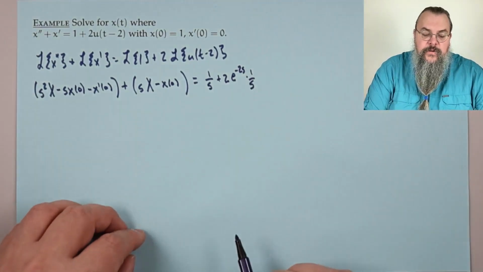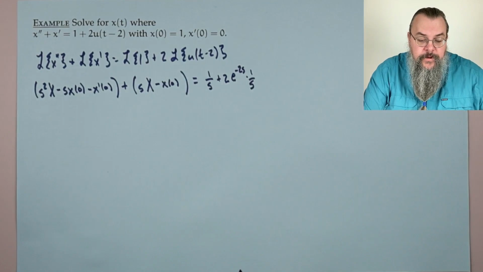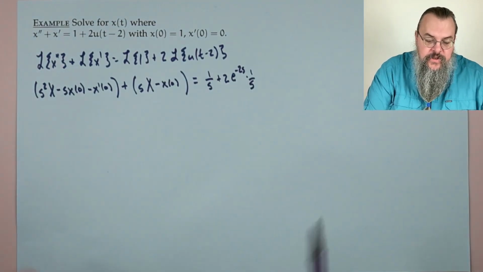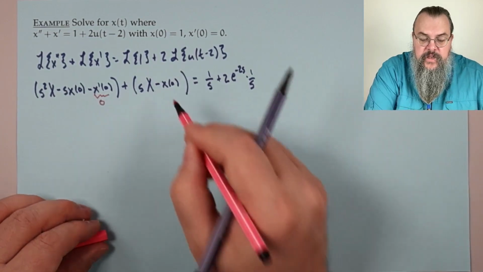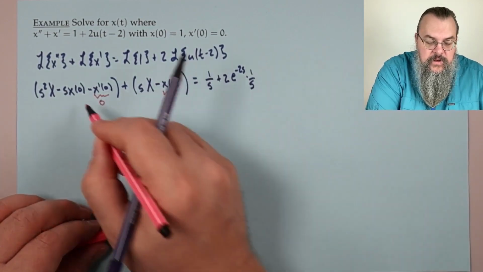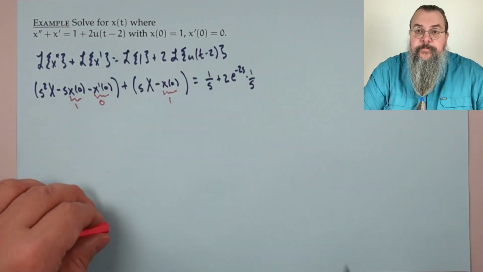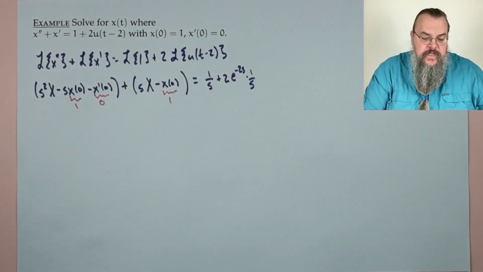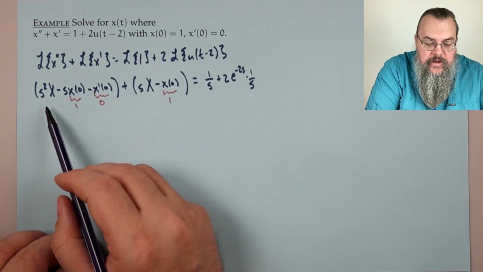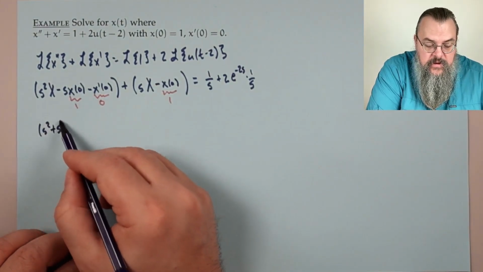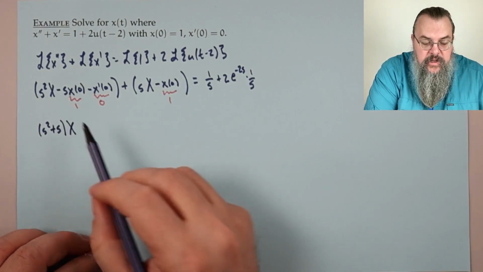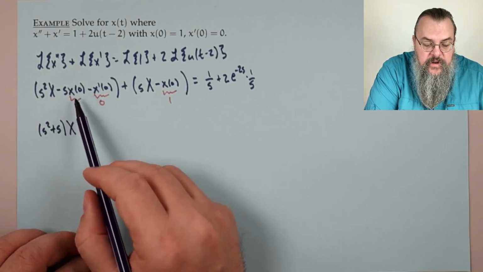All right, we put in what we know. We have our initial conditions, so x prime of 0 is 0, that's good, and x of 0 is 1. Great. So let's see what we have here. We have s squared plus s times X, and now these terms will move across.